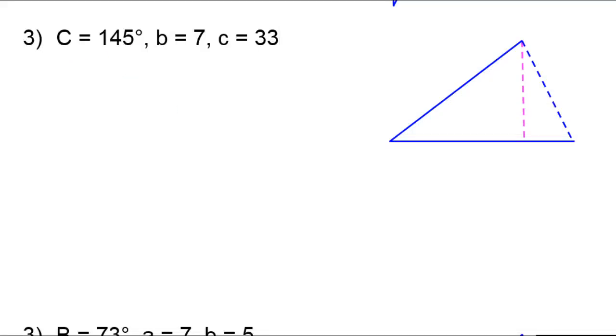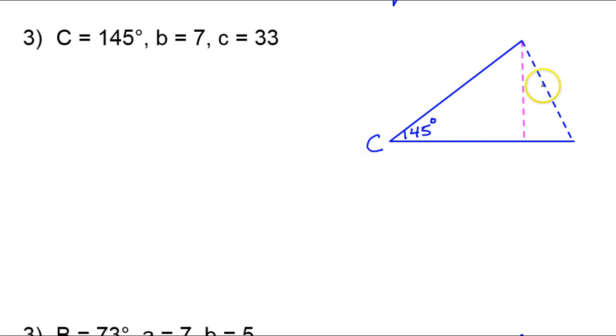So as soon as you notice that you're given two sides and an angle, here's what I would recommend. Put the angle here on the lower left side of your diagram. So this is angle C, so let's go ahead and label this as the angle that we're given, 145 degrees.